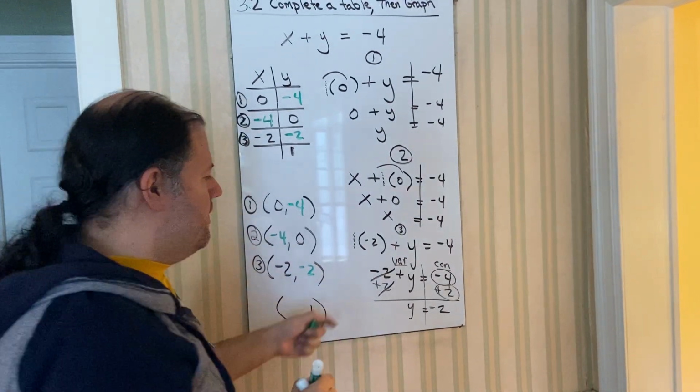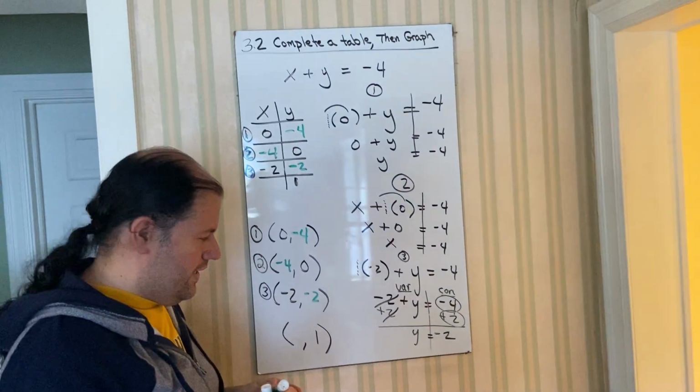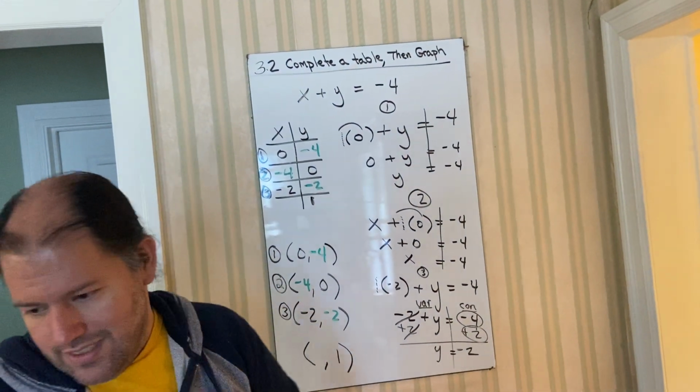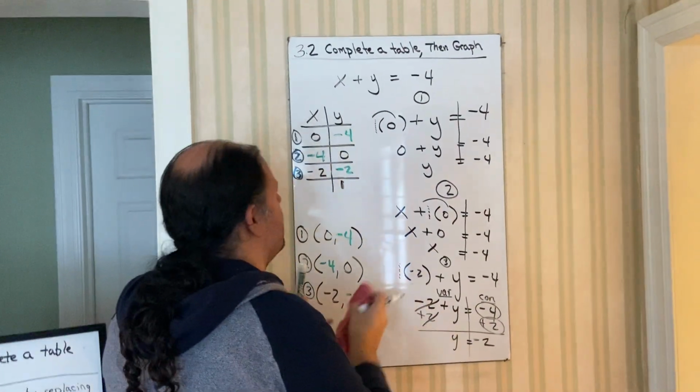So you can see why it was important for us to learn how to solve equations before we got to this graphing stuff. Now I'm going to erase to get us a little space so that we can do our fourth.